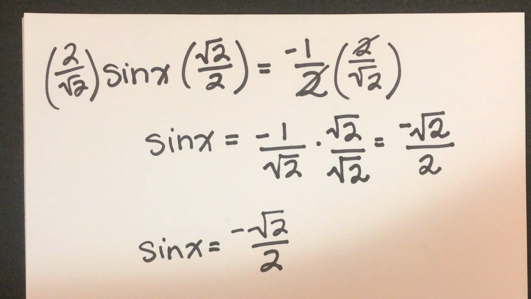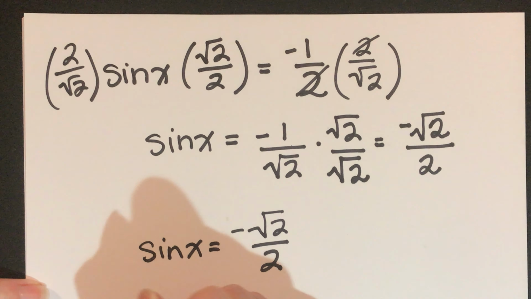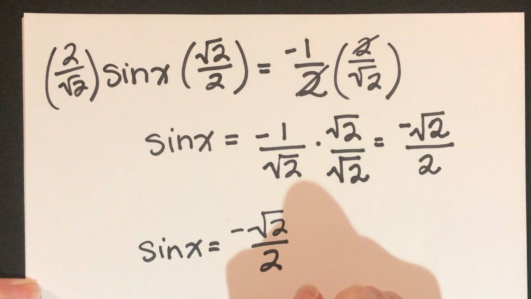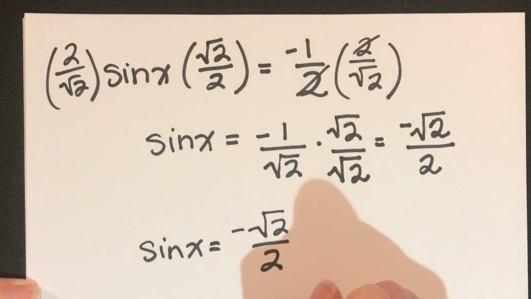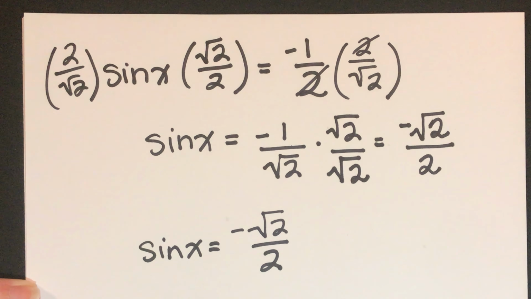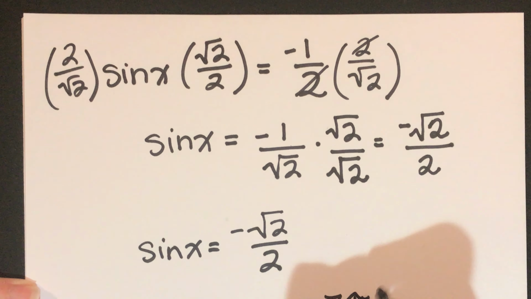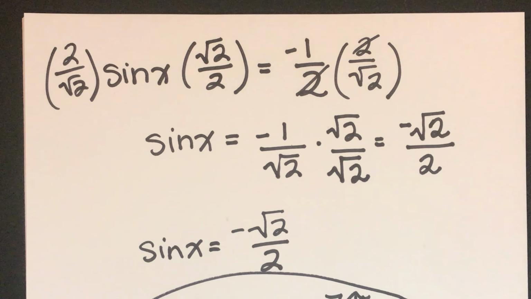See, I still have to think through this process too. So where y is negative is at 5 pi over 4 and at 7 pi over 4. And now we've solved for x. All right, that's it.